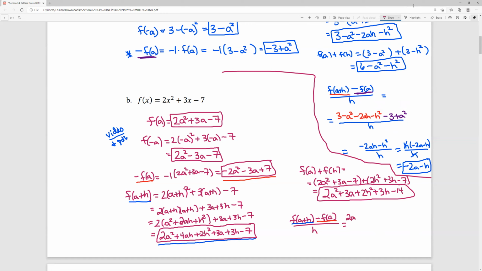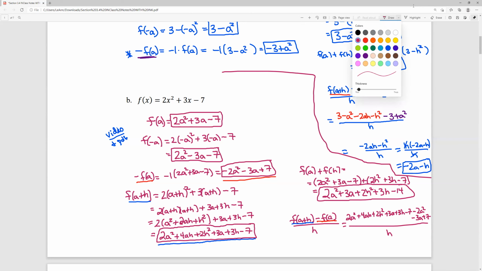So the answer for the f of a plus h was 2a squared plus 4ah plus 2h squared plus 3a plus 3h minus 7. For the second part, we had the negative 2a squared. I'm going to have to write a little bit underneath this, minus 3a and plus 7. And then all of that is over h.